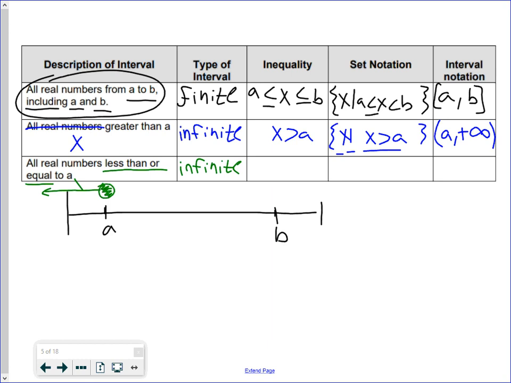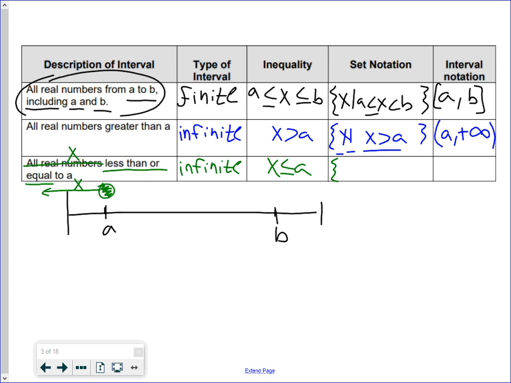If we were to put any x value into this number line, that x would have to be less than or equal to A. That's what the inequality is. If you put an x on the number line, that x can be described as being any number less than or equal to A. Or in other words, like we did before, if you replace all real numbers with x, x is less than or equal to A. That's our inequality.